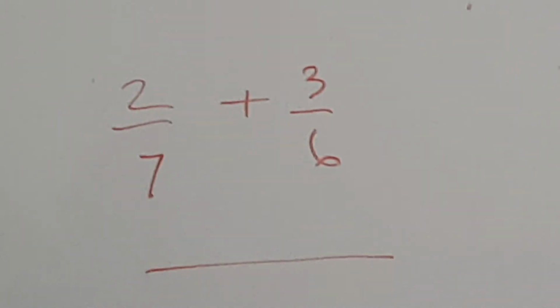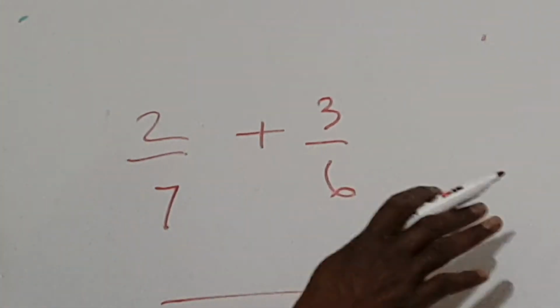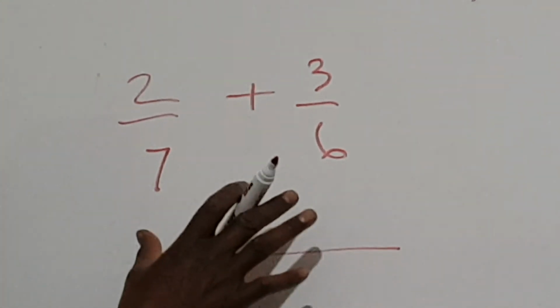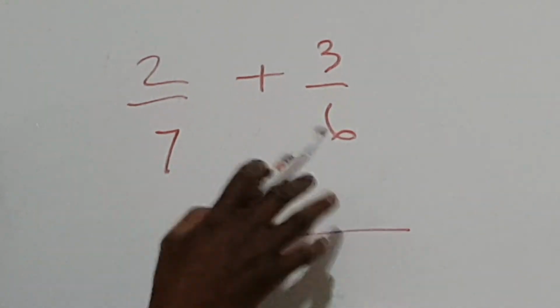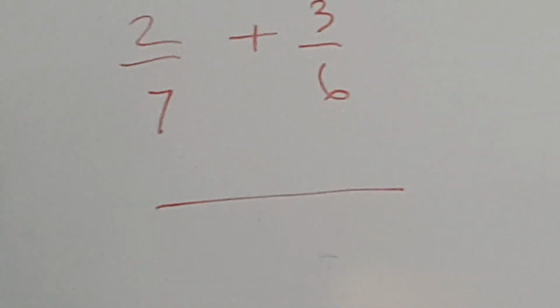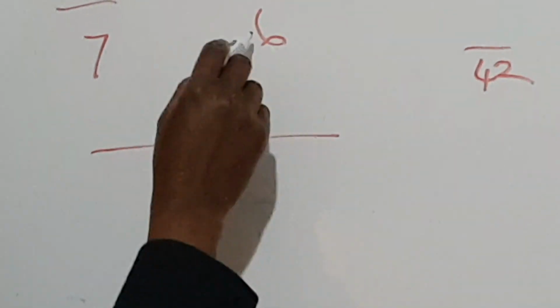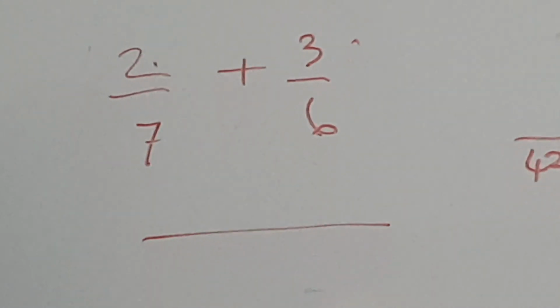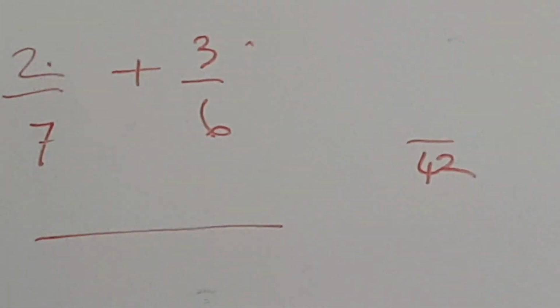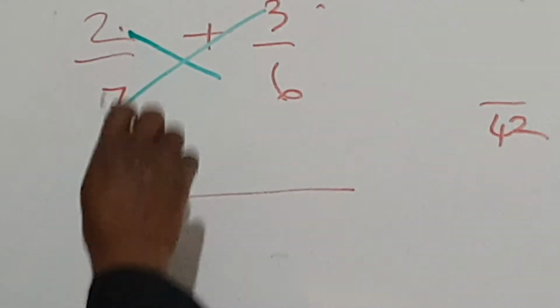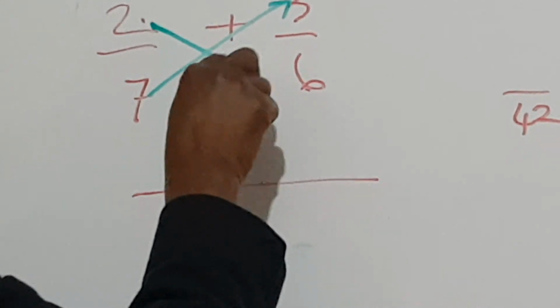If you want to find the common multiple, that will take time. Just multiply the two denominators, because that means one can go into the other. Some people multiply and say over 42, then cross multiply: this by that and this by that.